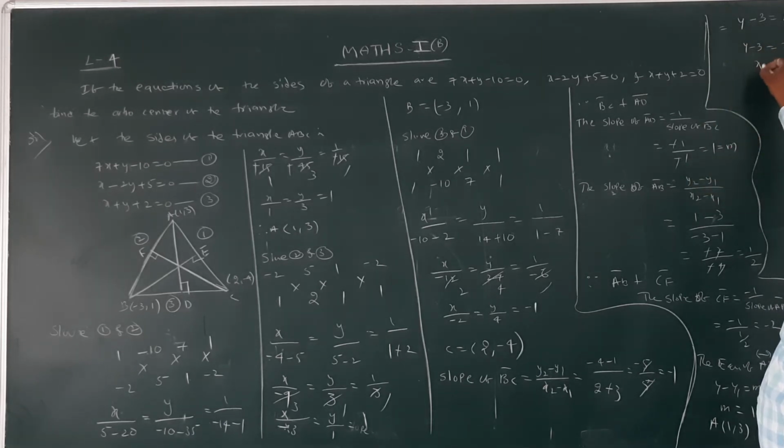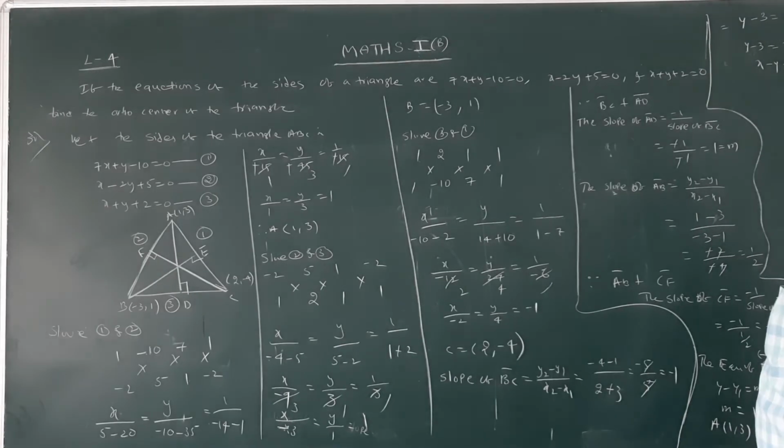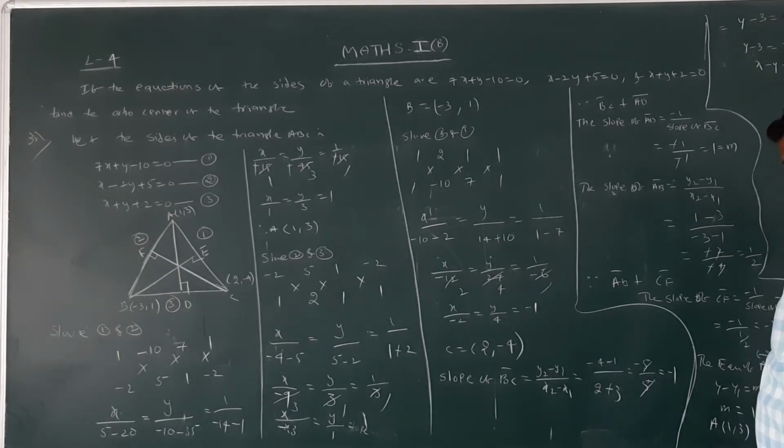Goes to the right side, x minus y minus 3 plus 3 minus 1 is equal to 2. Equation number 4.